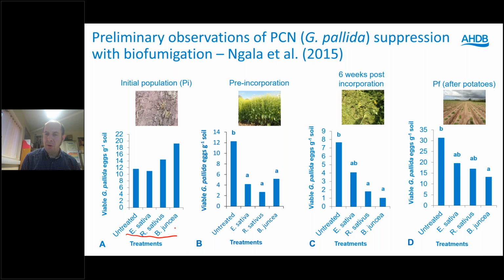And if you know anything about PCN, you'll know that if you grow potatoes, you'll multiply the nematodes, so you end up with a higher population after potatoes. And what we can see here, and this was surprising, is that we get a legacy effect of biofumigants, and the significant effect is with Indian mustard.